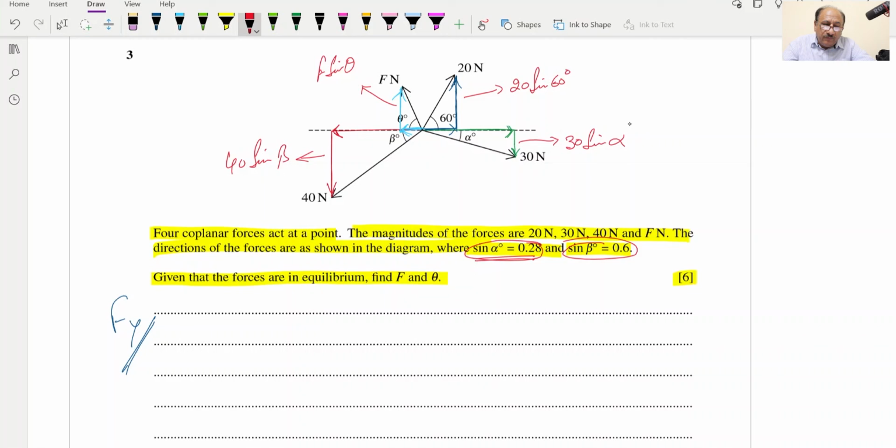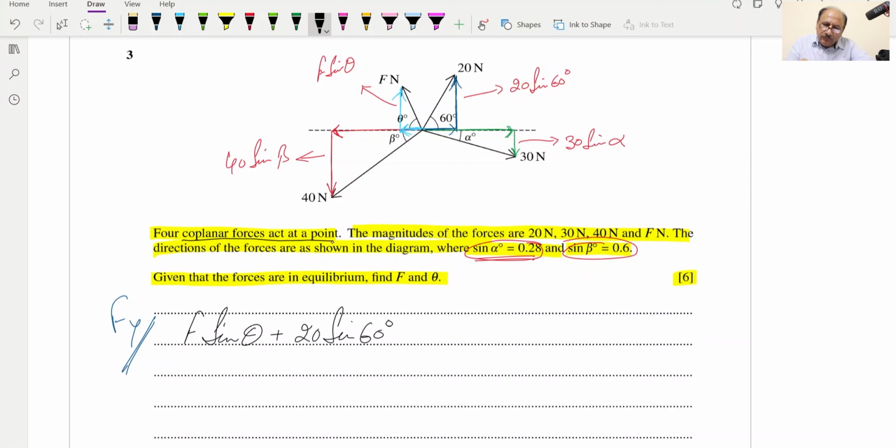So upward forces are what? Upward forces are this one and this one. So these two forces I will write: F sine theta plus 20 sine 60 degrees.